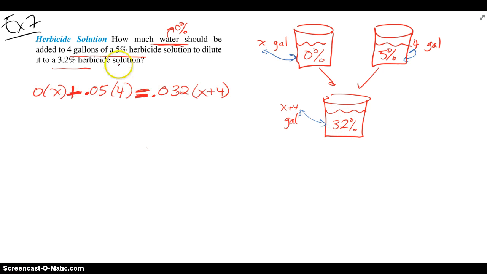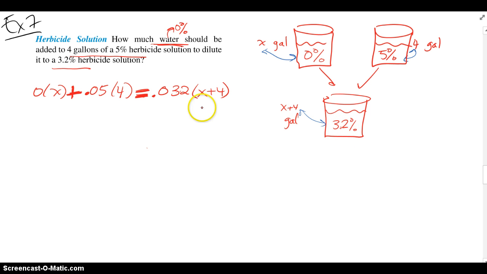So getting our equation for the pure herbicide, we have 0% of x gallons mixed with 5% of 4 gallons. Remember, 5%, move the invisible decimal at the end twice to the left, because 5% means 5 divided by 100. And when we add those two together, we get 3.2%, I'm sorry, at x plus 4 gallons.